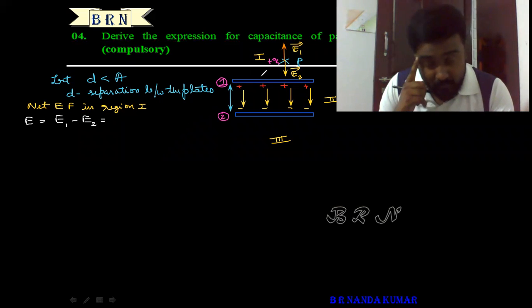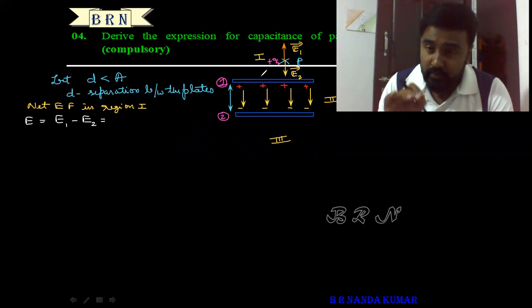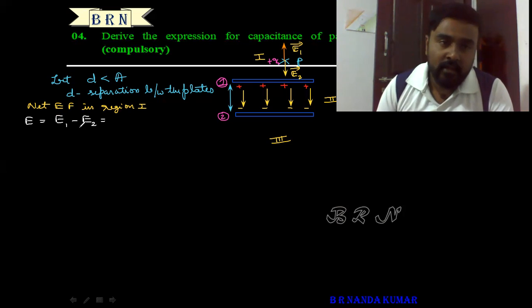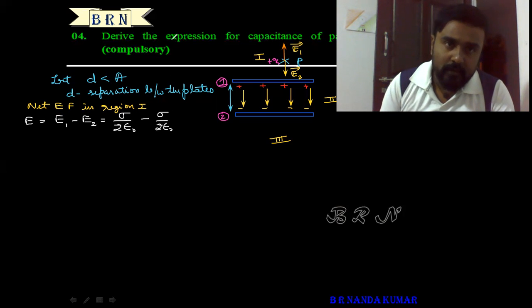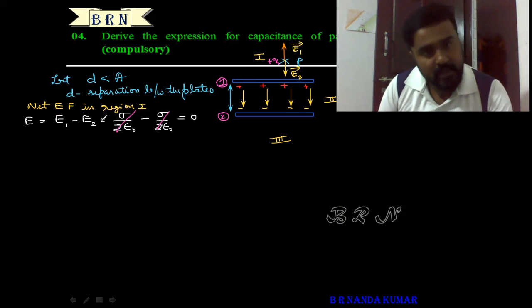Remember that the electric intensity at a point due to a uniformly charged sheet does not depend on the distance. E1 is sigma by 2 epsilon naught, E2 is also sigma by 2 epsilon naught. So the two cancel, and the electric field in the first region becomes 0.